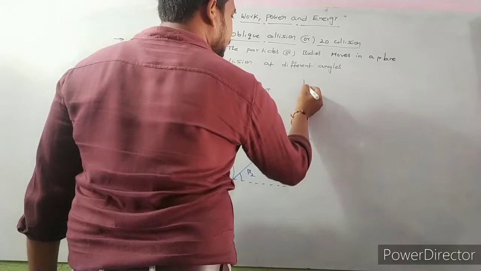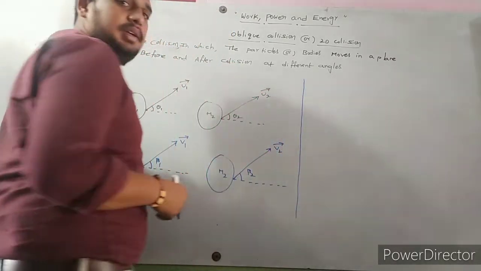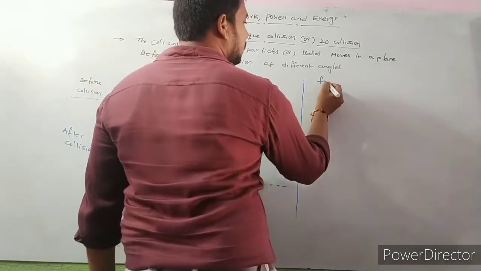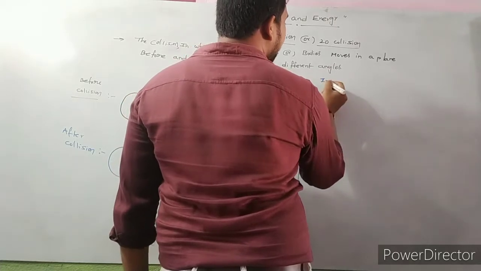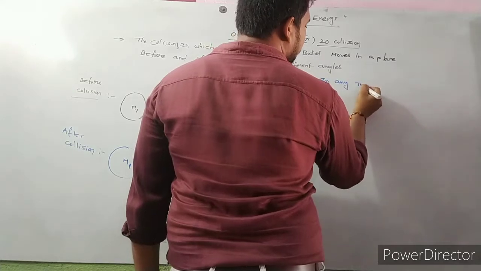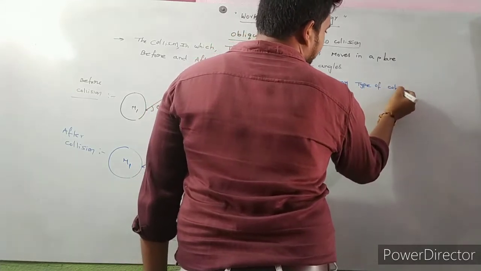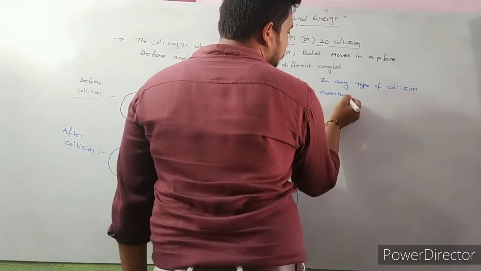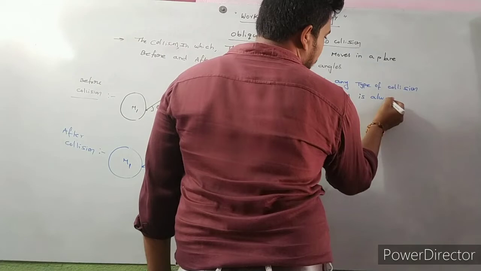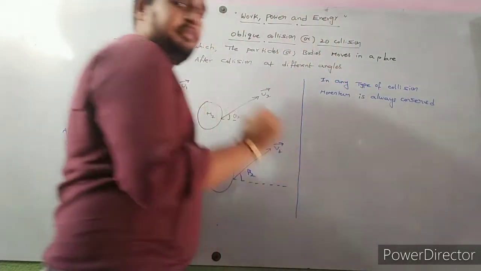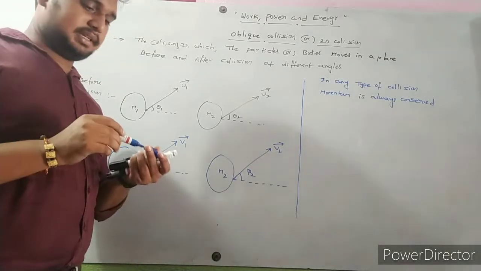Next, the main concept we need to apply is that in any type of collision, momentum is always conserved. Any type of collision you consider, momentum is always conserved.